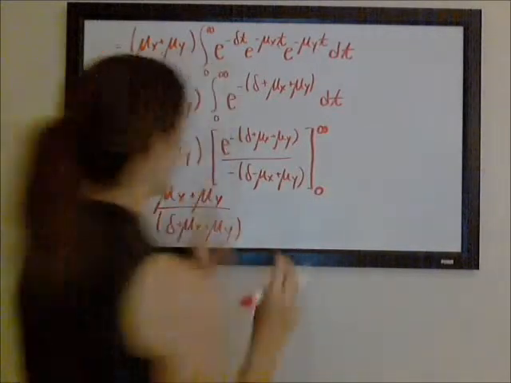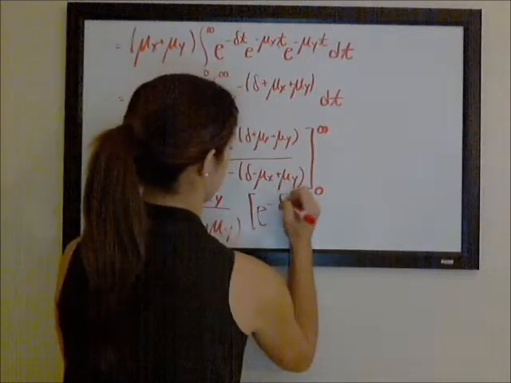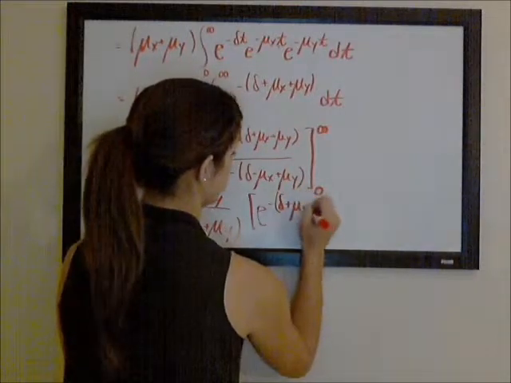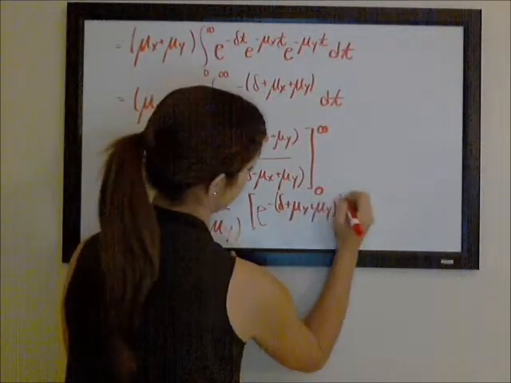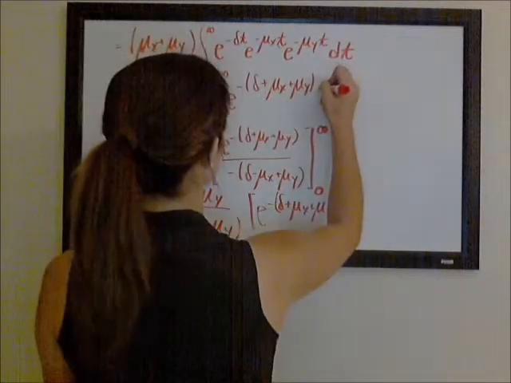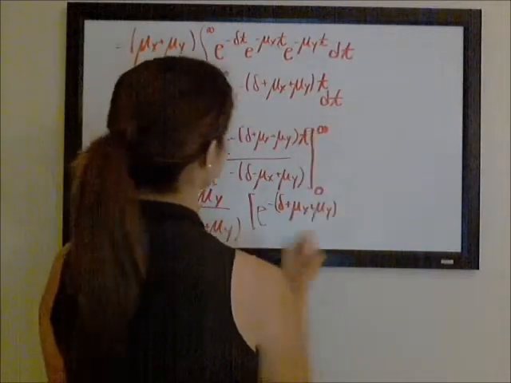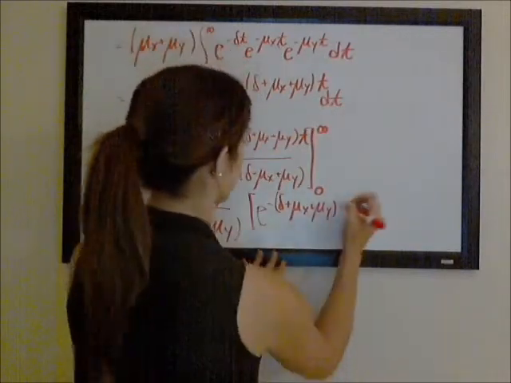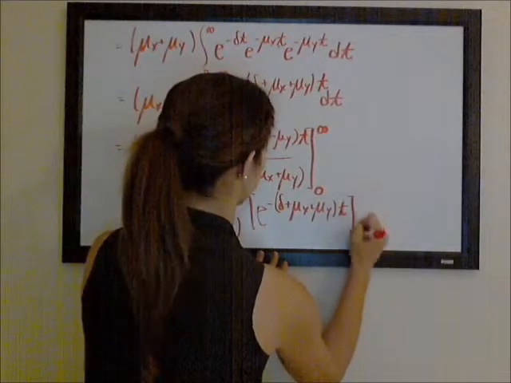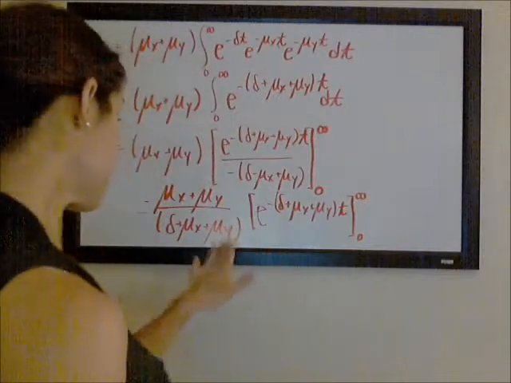And then I'm left with e to the negative quantity delta plus mu x plus mu y. Oh man, this is a t here. I always forget that. I forgot to carry the t down. This is a t, evaluated from 0 to infinity.